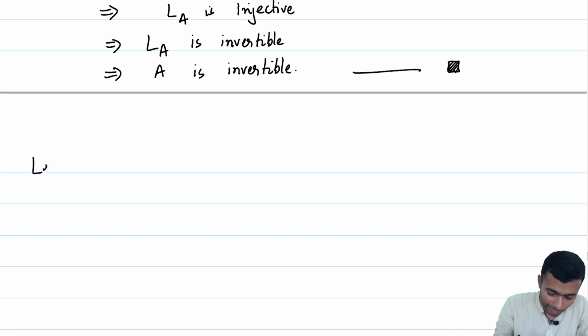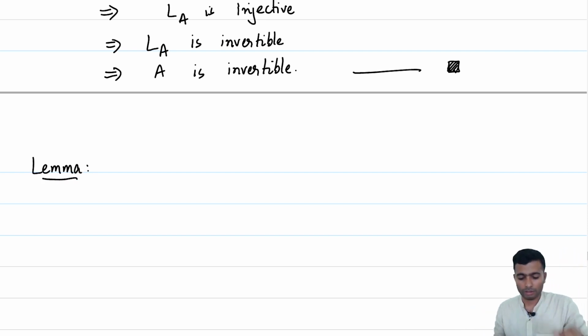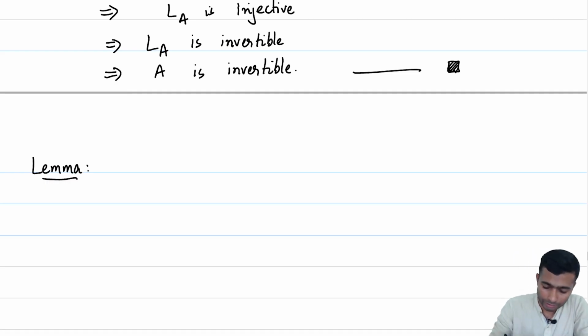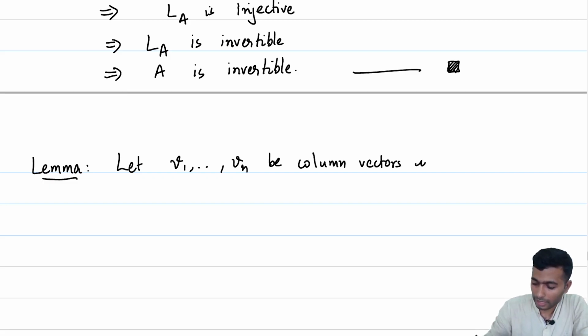So we have already developed a notation. So let v1 to vn be column vectors in Rn.